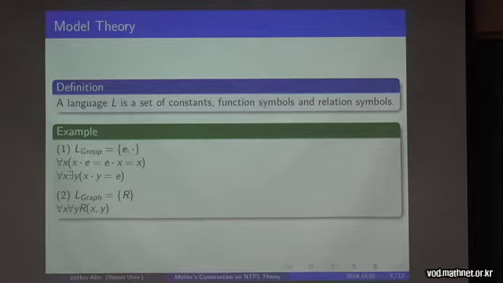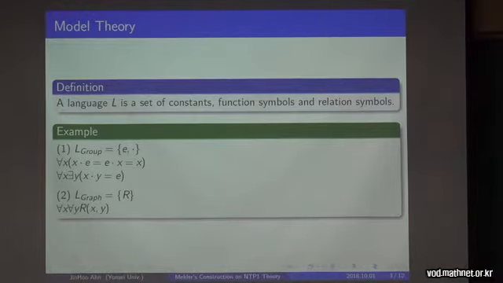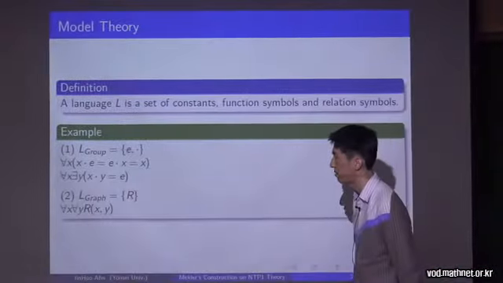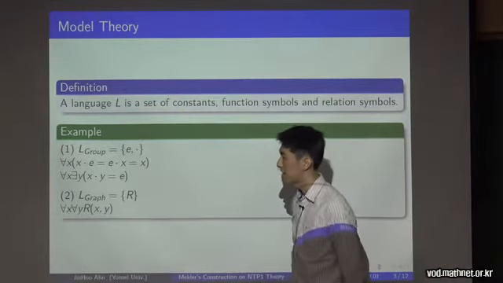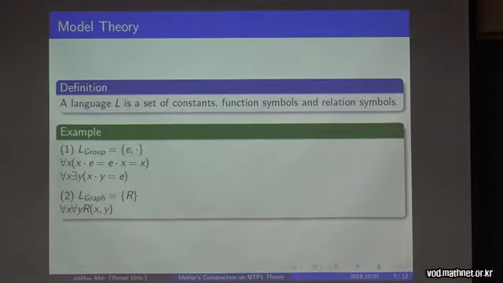For example, here we have the language of groups. The language of groups consists of the constant E and the binary operation dot. If you make a sentence like: for all x, x times E equals E times x, and this equals x, then this is nothing but the English sentence that E is a multiplicative identity.